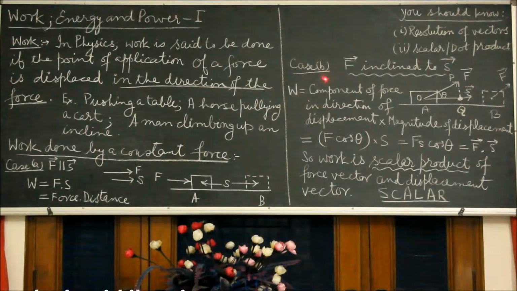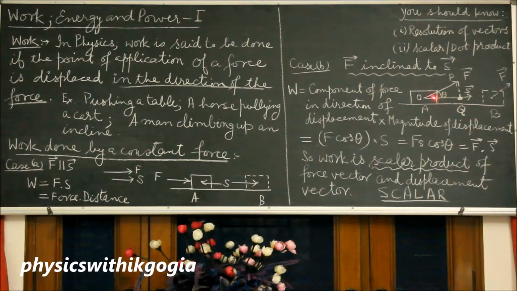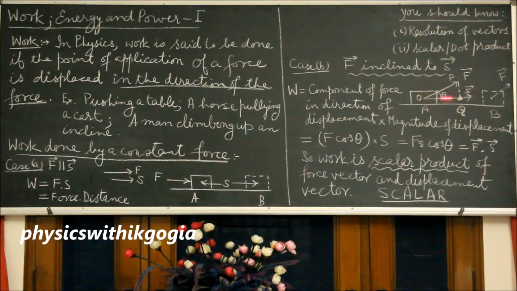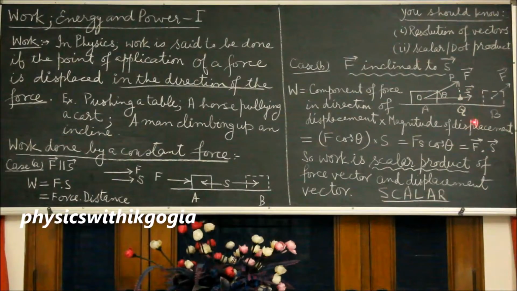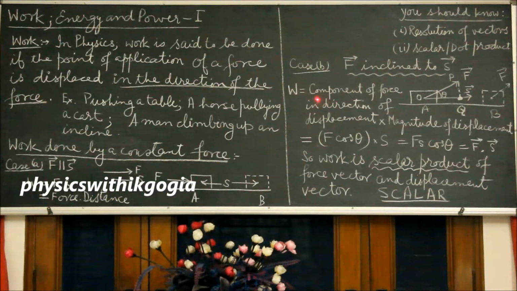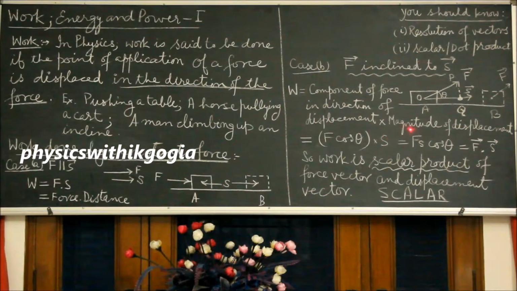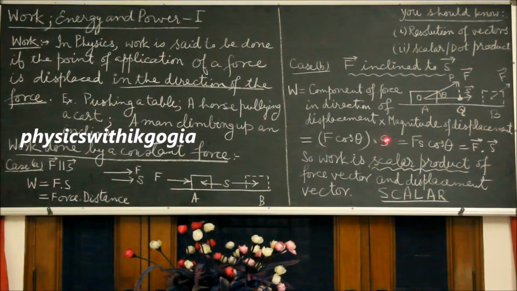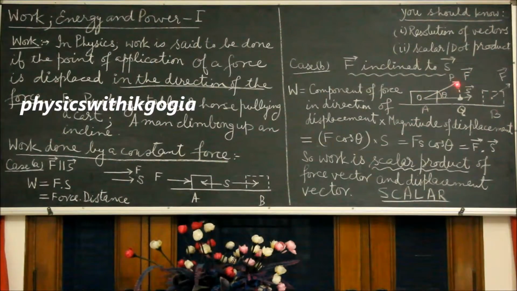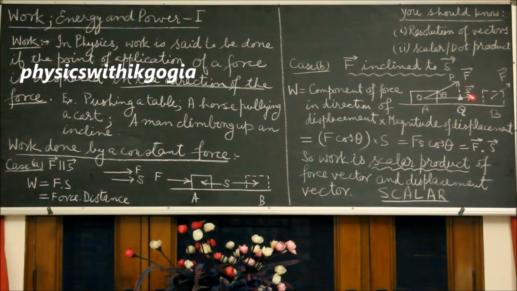Now we have another case. We have to displace the same object from A to B, but we apply a force in a different direction, at an angle theta with the direction of the displacement. In such a case, the work is the product of the component of force in the direction of displacement and the magnitude of the displacement. That is, for this force F and displacement S, we take the component OQ of the force in the direction of the displacement.